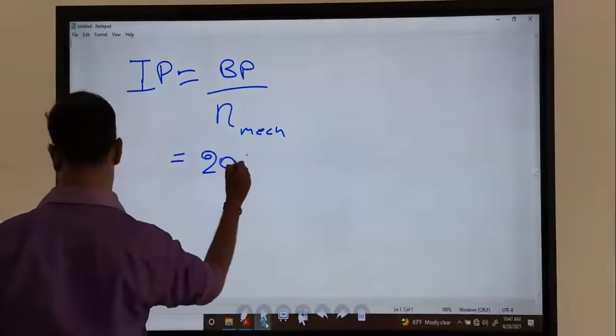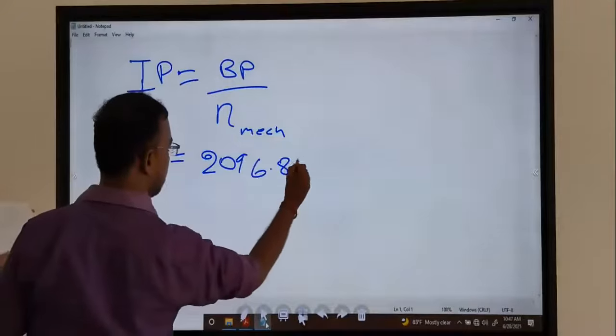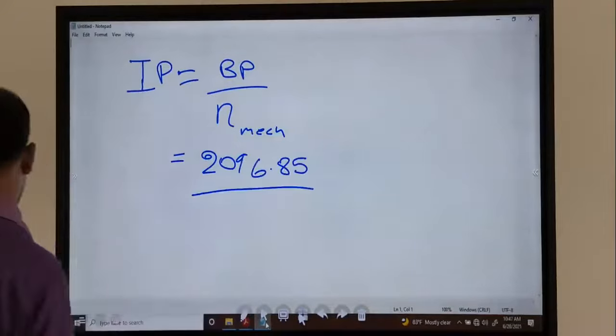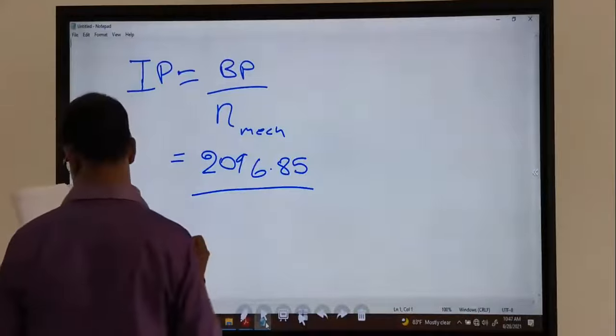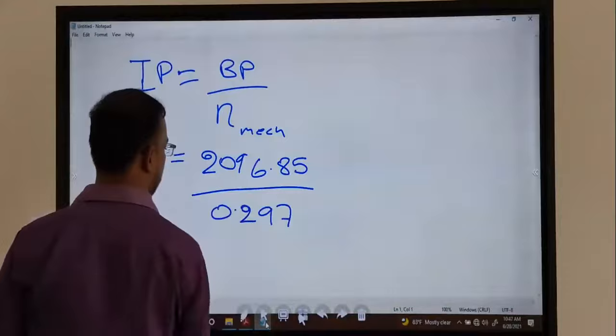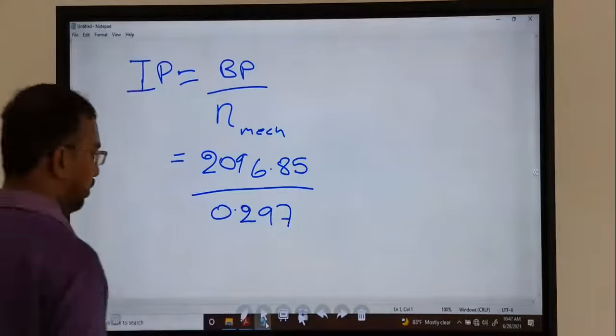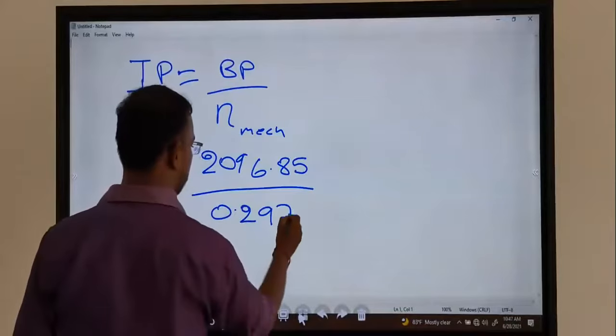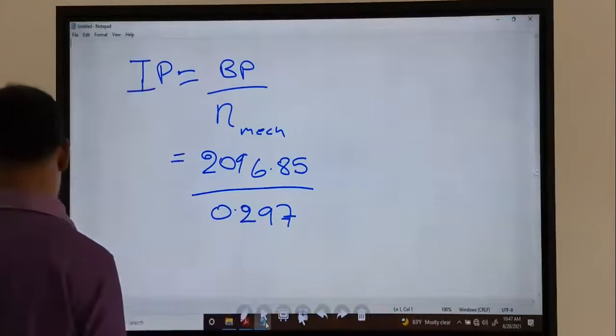The brake power is 2096.85, mechanical efficiency is 29.7, so here we put 0.297.